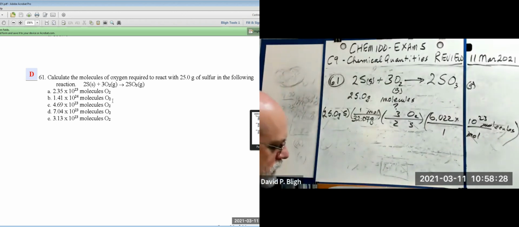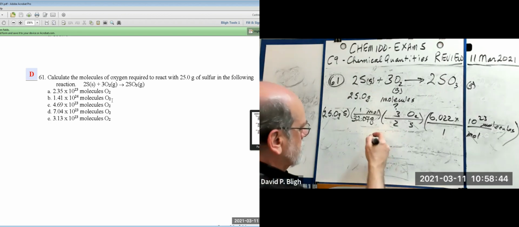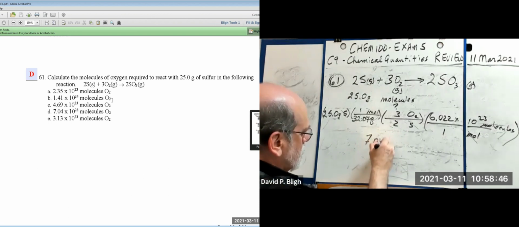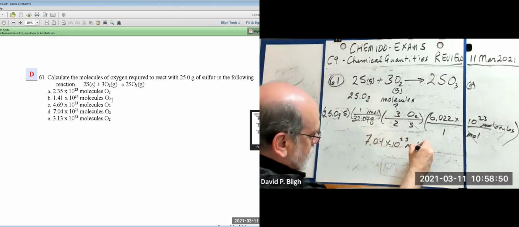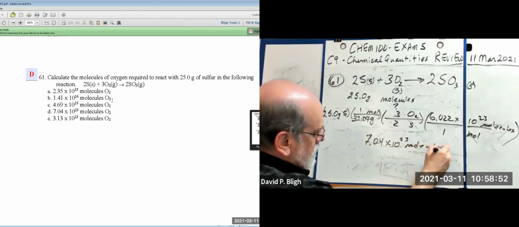So let's see, 25 divided by 32.07 times 3 divided by 2, and then 6.022 times 10 to the 23rd. So I get 7.04 times 10 to the 23rd molecules of oxygen.